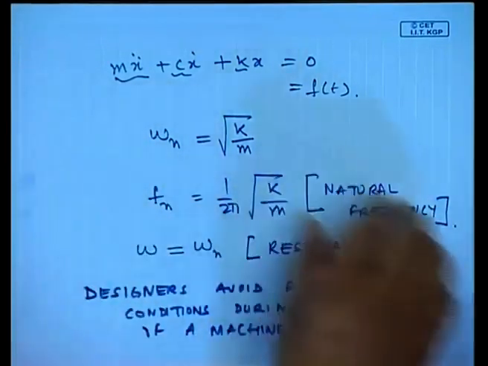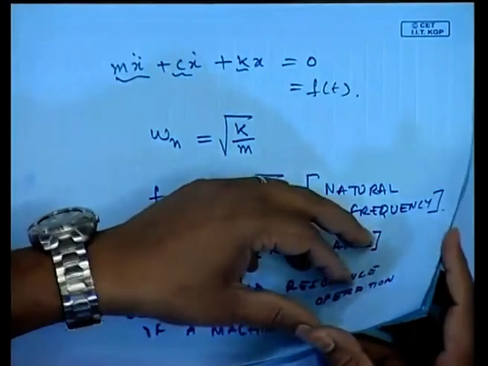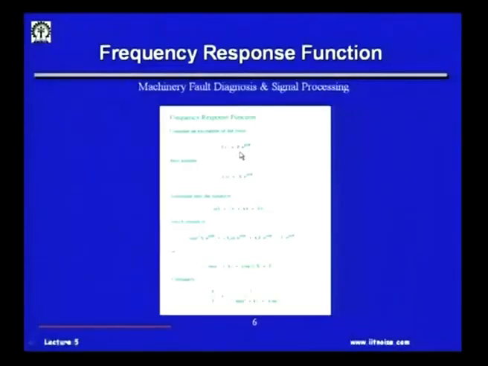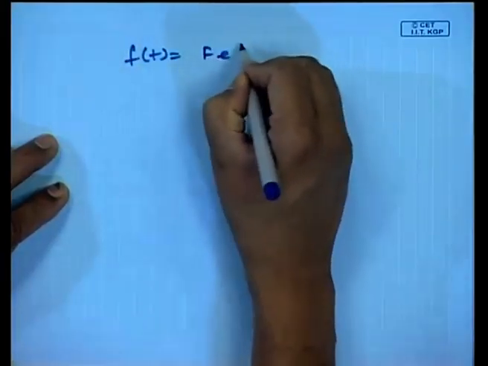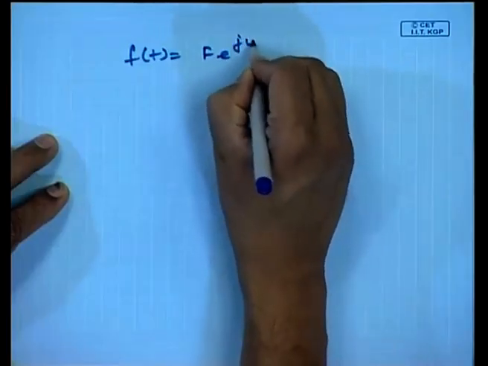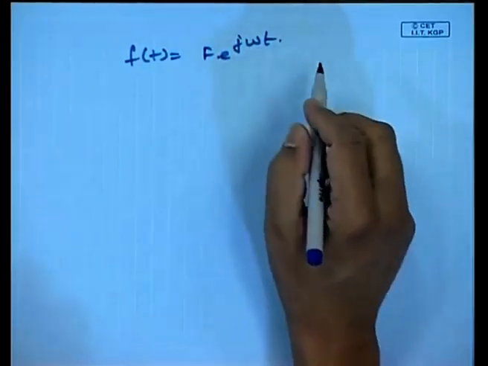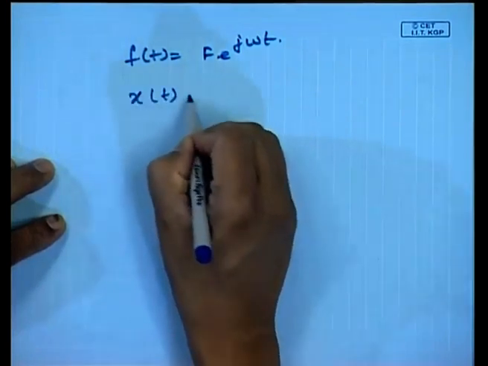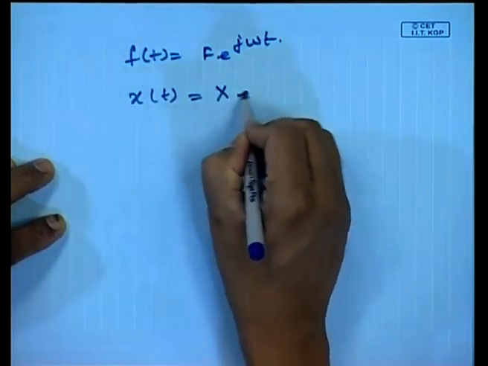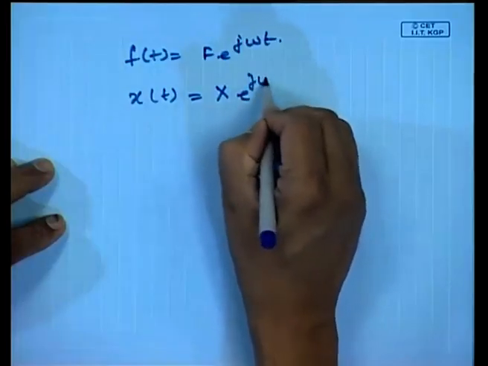And there are many ways I can represent this forcing function. One method is, if I look here, this form of excitation could be very general: f of t is equal to F e to the power j omega t. And then similarly I will have a response x of t equal to X e to the power j omega t.